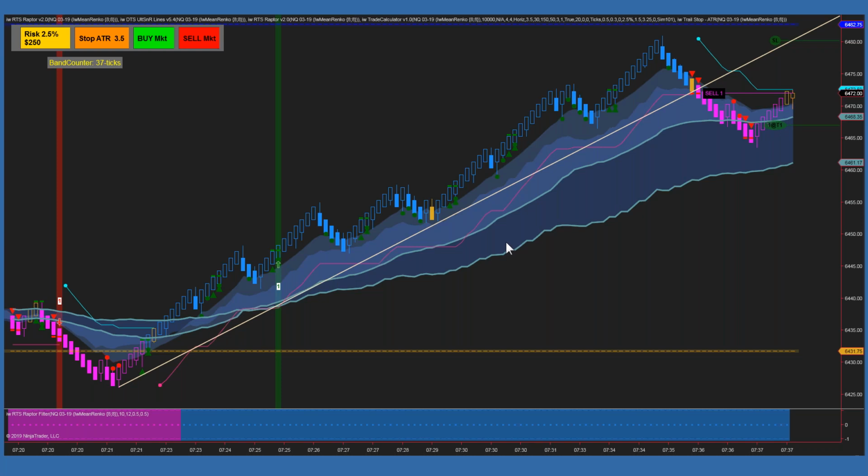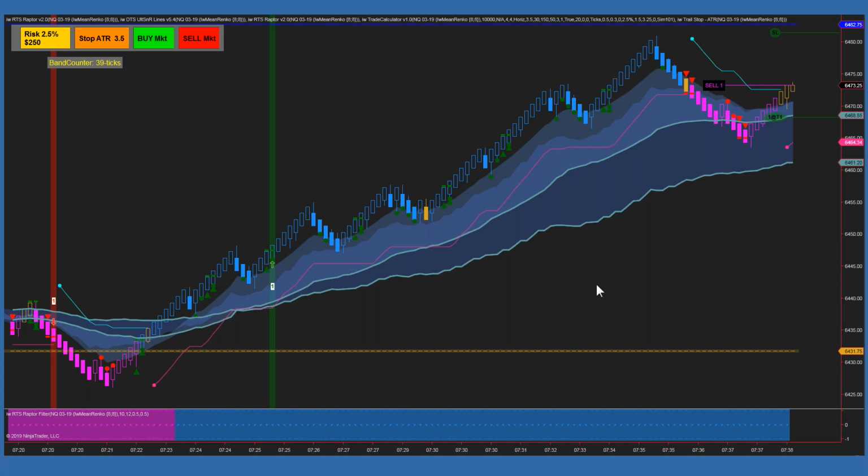But there is just a ton of bullishness in this market right now. In fact, you would probably be better off focusing on buying opportunities rather than selling opportunities.